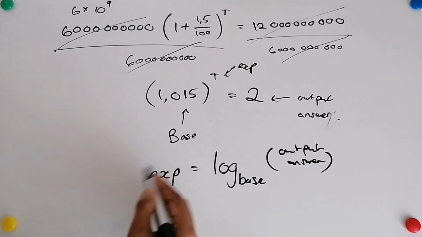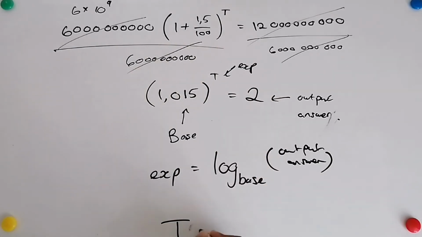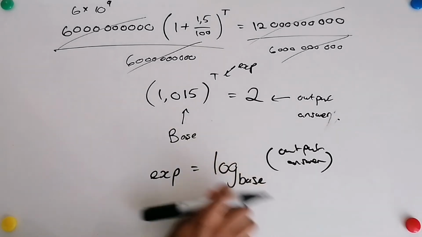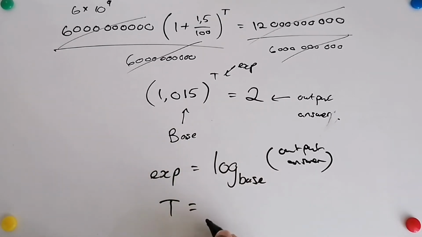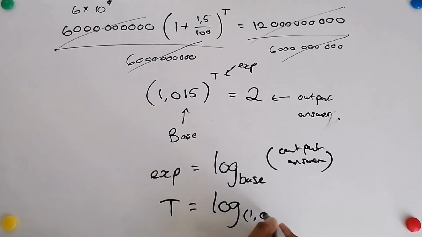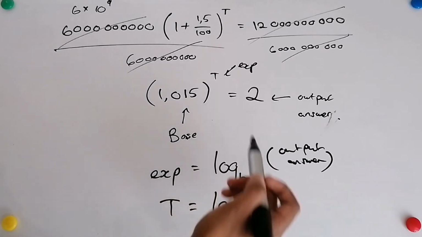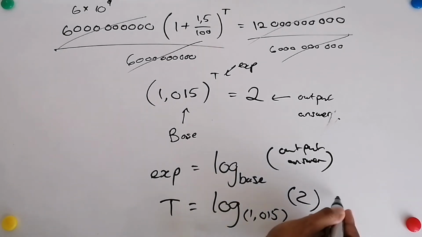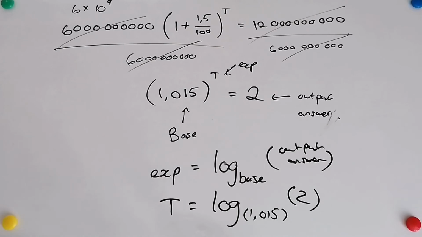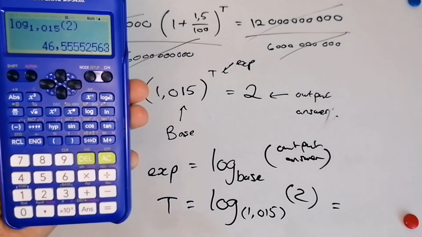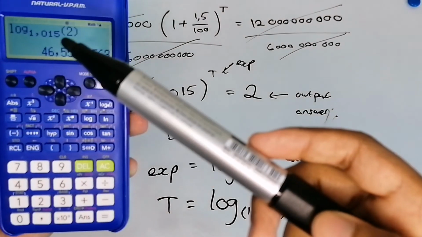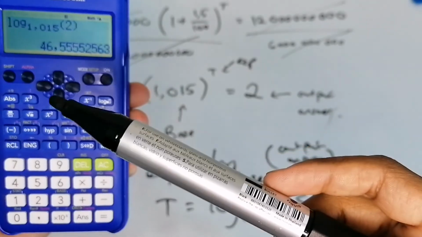Our exponent is t, so t is equal to, oops, I'm running out of space, let me go a bit higher. t is equal to log of this base, 1.015, and the output answer of 2. We punch this into our calculator, and that should work out the answer for t. And there's your answer: 46.5 years.